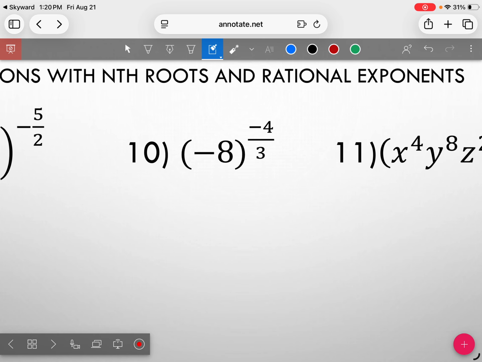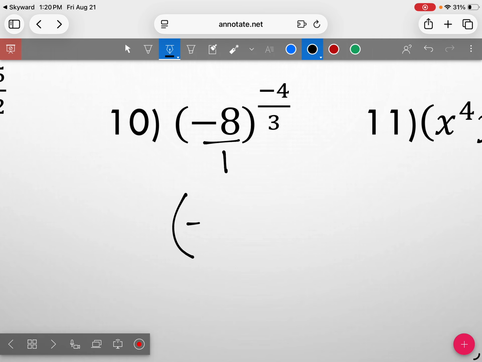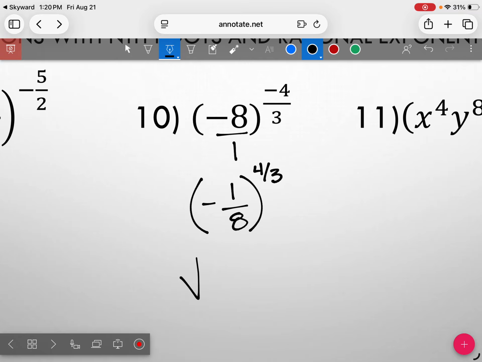So I'm going to flip it. Right now, this is over 1. So when I flip it, it becomes negative 1 over 8. And that becomes a positive 4/3. Now for this one, I'm going to separate it because I feel like cube roots are a little different. And remember, if I were to write this in radical form, that would be the cube root of negative 1/8 to the power of 4.